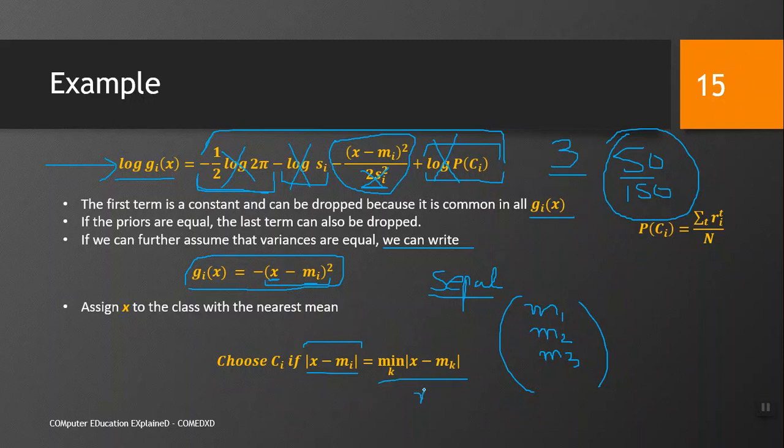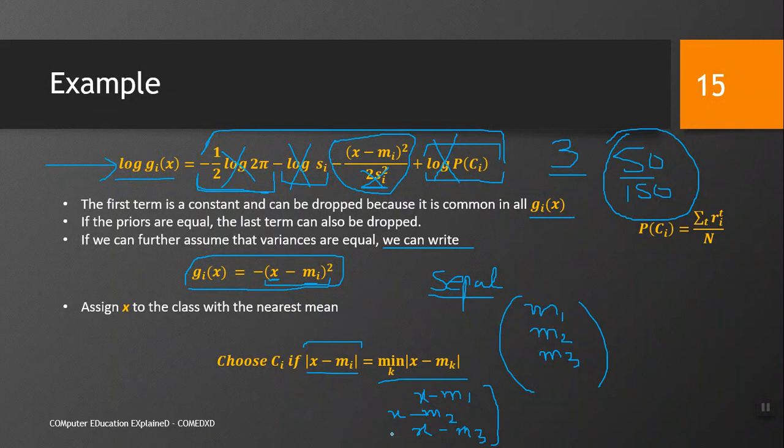We may have x minus m1, x minus m2, x minus m3. So for each of these three, wherever it finds the minimum value, x is given that class.